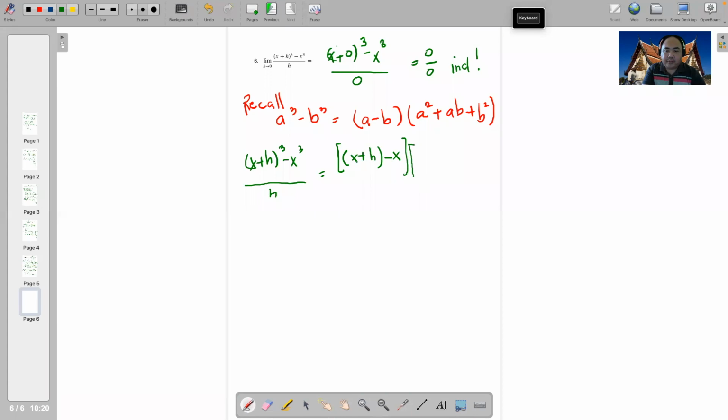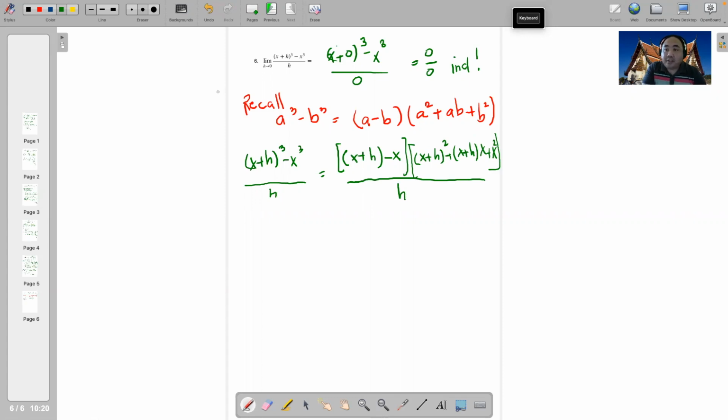And then we have x plus h squared plus x plus h times x plus x squared. All right, all over h. We just did an expansion of a difference of two cubes.